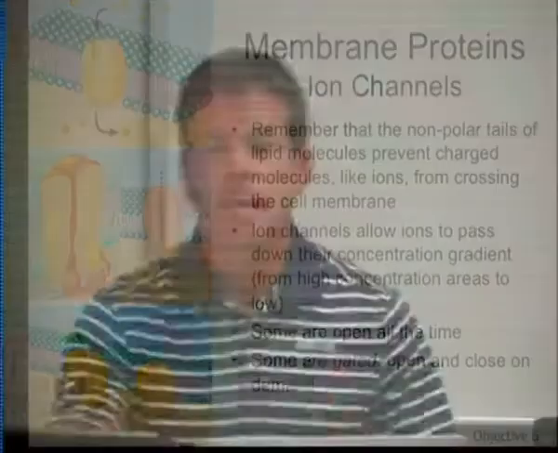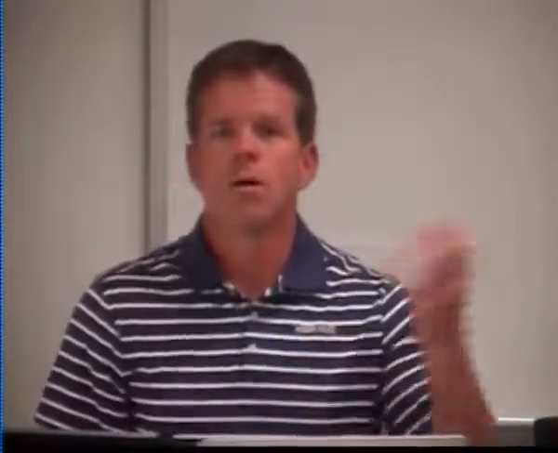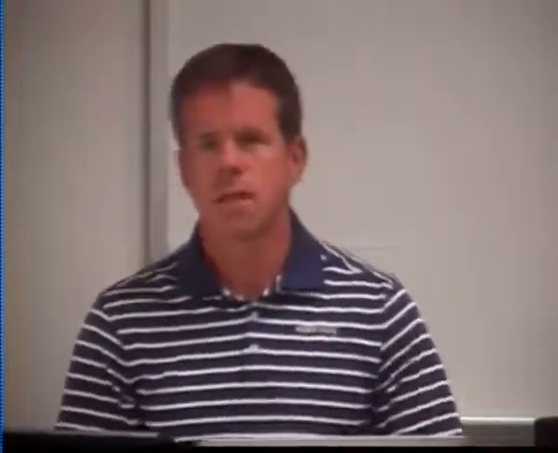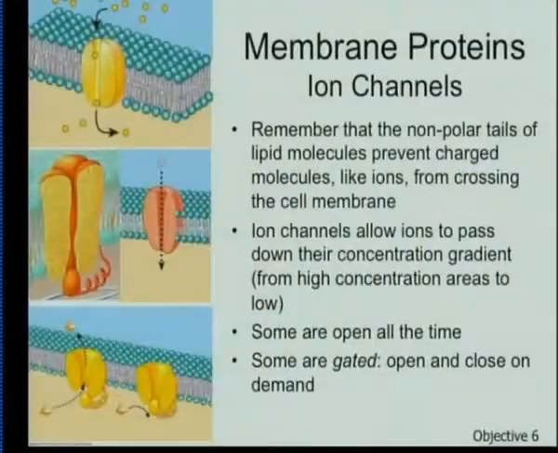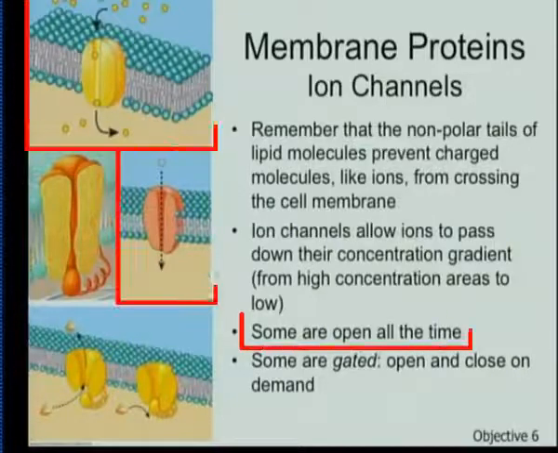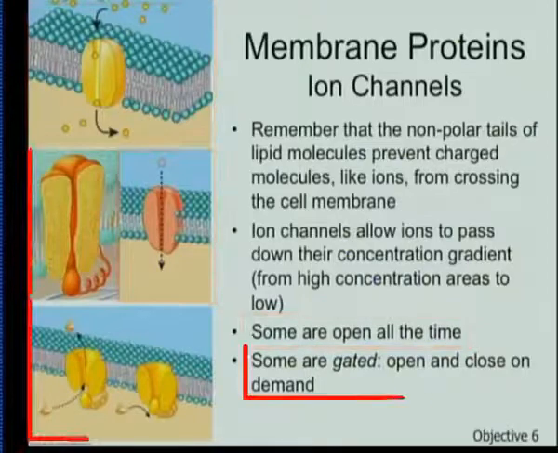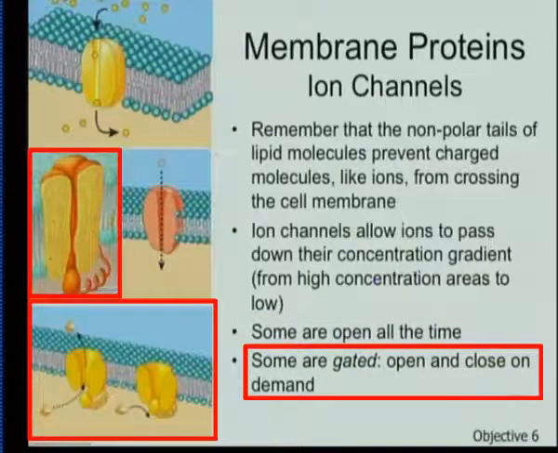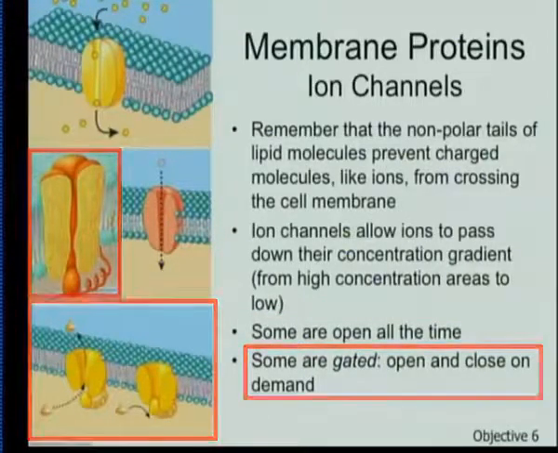It's like damming up water: as soon as we open the floodgates, the water wants to go from where it's highest in concentration, or where there's more water, to where there's less water. It's just the dam is in the way. We're doing the same thing here. We're basically damming up ions intracellularly and extracellularly, and then when we open the floodgates, when we open the channel, we can allow them to move. Some of these are open all the time. Many of them are gated because there are specific times when we want them to open and close. And so it allows that movement.